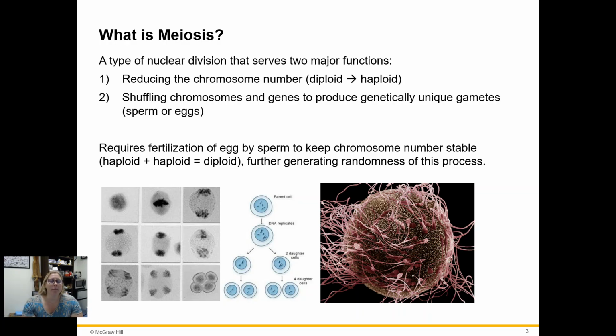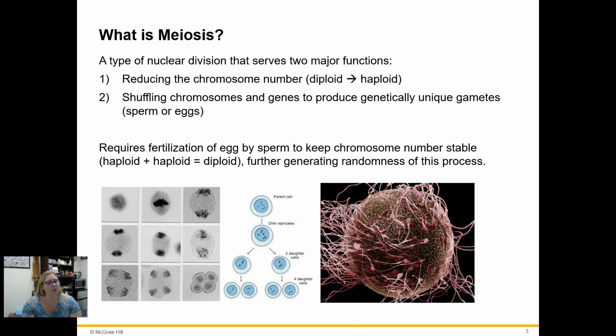The other thing that meiosis does that's really key to allowing individuals to be unique through sexual reproduction is the shuffling or mixing up of the genetic material of the individual. So you share DNA with your siblings, with your parents, with whoever, but you're not 100% the same unless you're an identical twin, right?